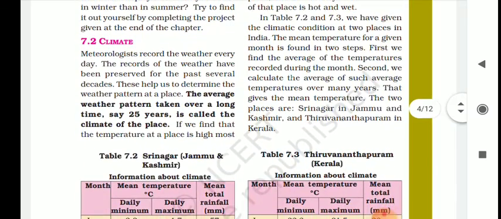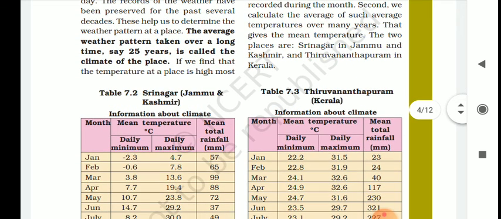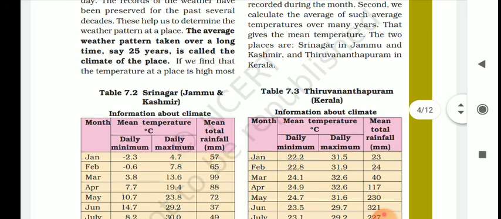And you can also find tables 7.2 and 7.3. They give the mean temperature, daily minimum and maximum. You can find one city, Srinagar, Jammu and Kashmir, and the second city, Thiruvananthapuram, Kerala.